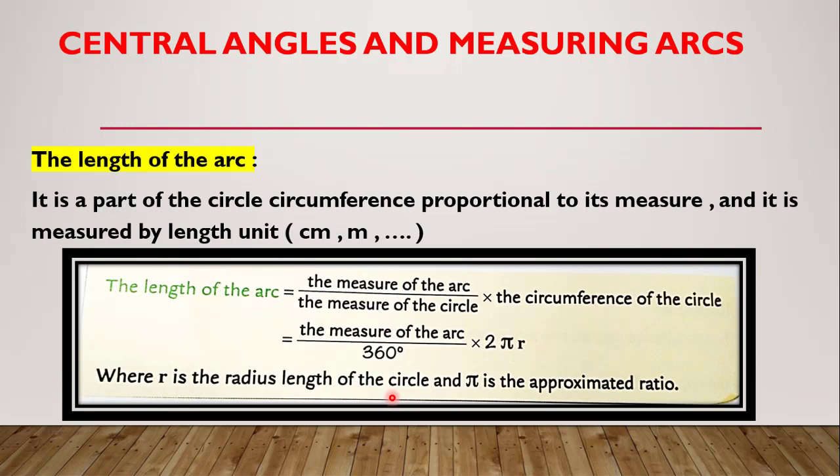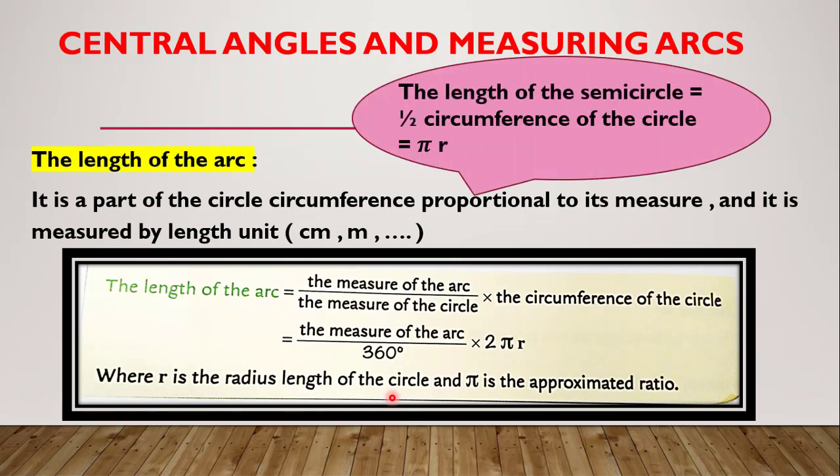Pi, we know, is 22/7. If you want the length of the semicircle, it will be half the circumference of the circle, so it will be pi r.